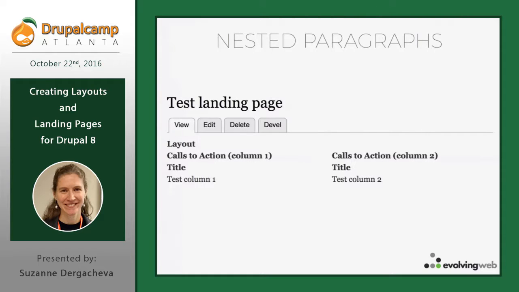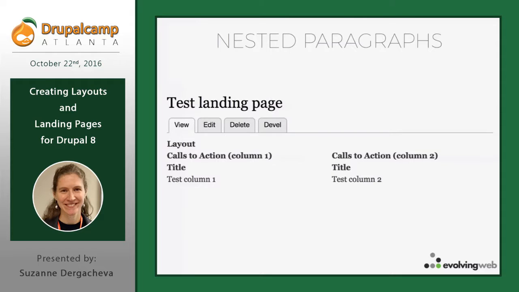So an example, this is like the most boring landing page you've ever seen, created just for this presentation. So this would be an example of the landing page. Maybe you've chosen a layout for 2 columns, and then this would be your call to action that you put in the first column and the call to action for the second column.